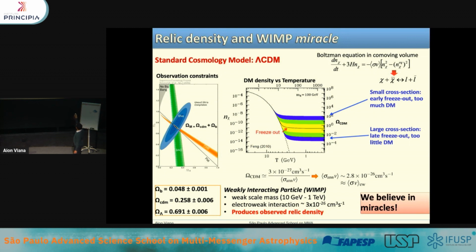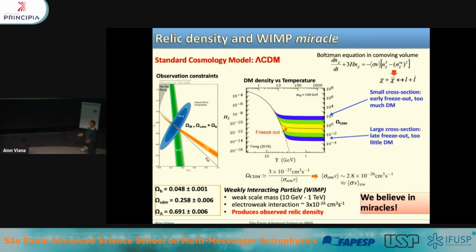So if we assume that the way this particle interacts with the standard model is through the weak interaction, by assuming a new particle in this regime of GeV to TeV, which is also the weak scale mass, we need a cross section with weak interaction strength to explain the observed relic density.